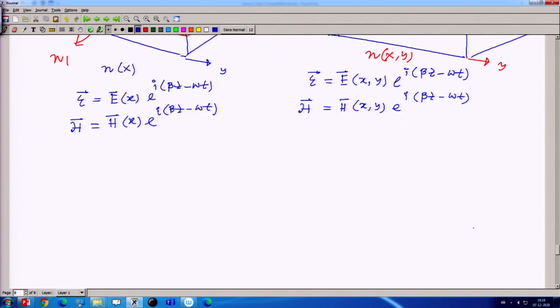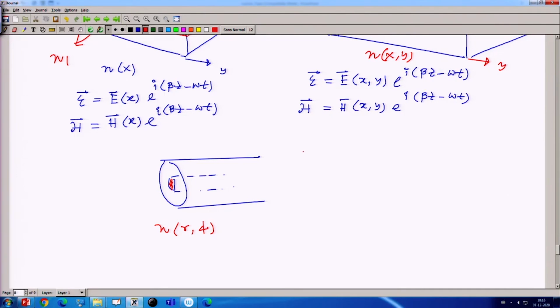Also, it is not restricted to this geometry. Another kind of geometry is possible, which is very important, which is the optical fiber. In optical fiber we know that my geometry is something like this. So, the refractive index is changing here. My refractive index is a function of r and phi.